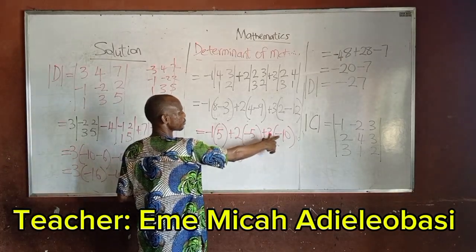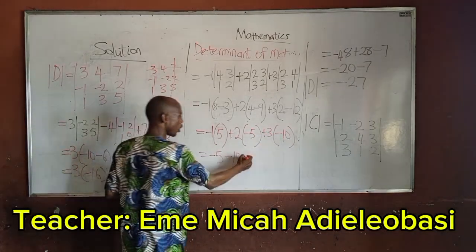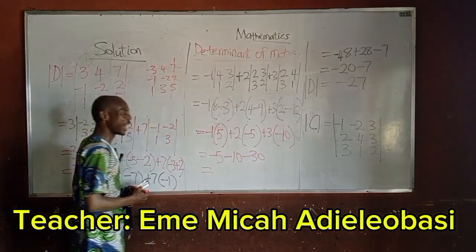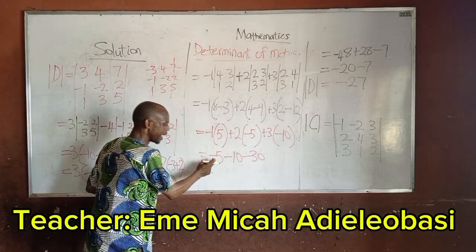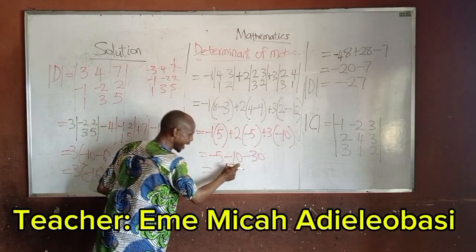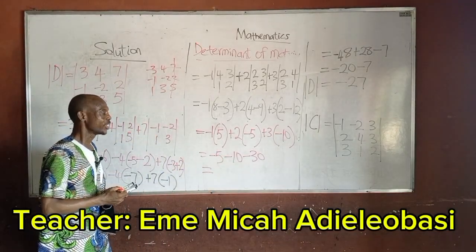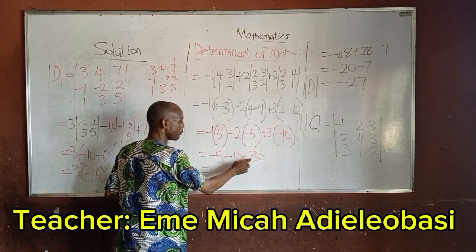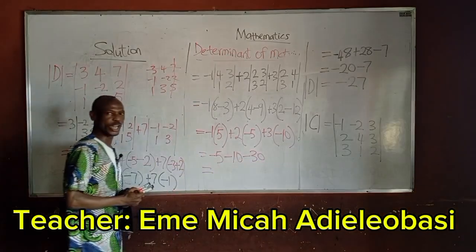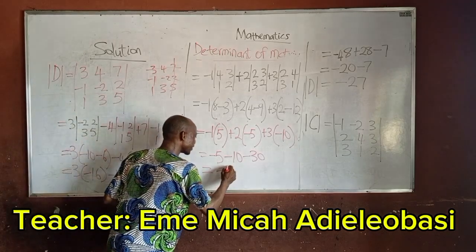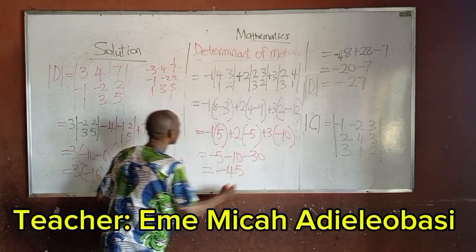And 3 times minus 10 will give us minus 30. So what becomes our answer? Minus 5 plus minus 10 will give us minus 15. Minus 15 minus 30 will now give us minus 45. So our answer is minus 45.